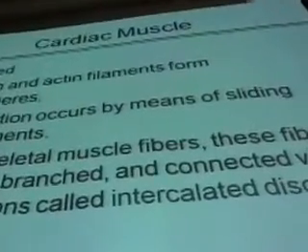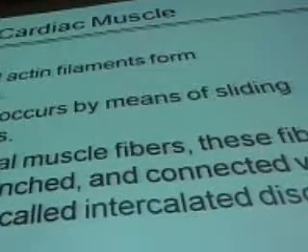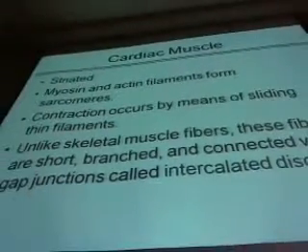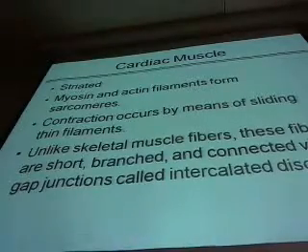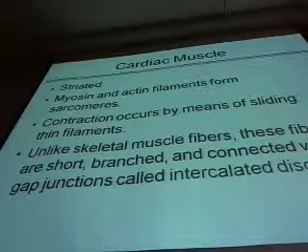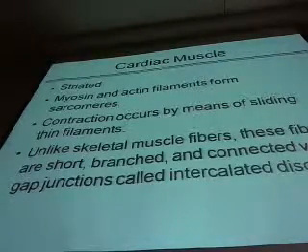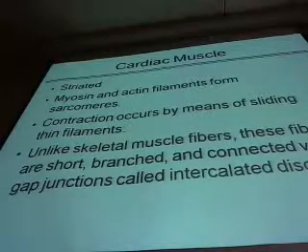So when you fire one cardiac muscle cell, they're all going to fire. That's why if you have somebody whose SA node, the cardiac pacemaker, isn't working right, you can put a pacemaker in one spot in the heart, fire that pacemaker, and the whole heart's going to contract.